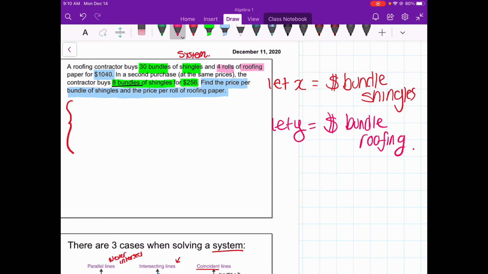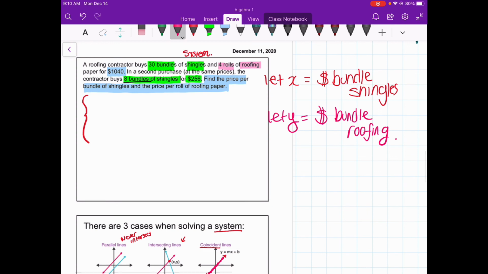Now, they always give you 2 statements in this problem, and usually that gives you the equation. So this says that a roofing contractor buys 30 bundles of shingles, 4 rolls of roofing, and the total is $1,040.